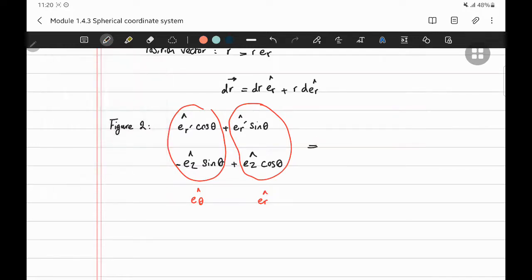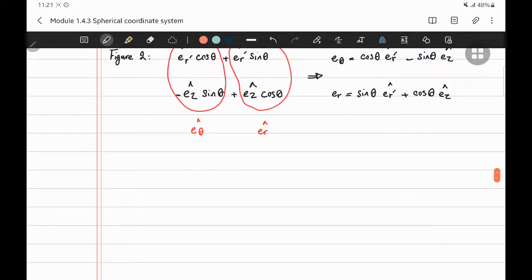Therefore, we have e theta equal to cosine theta er prime minus sine theta ez, where I switch the unit vectors after the expression for the sake of consistency, and for er I have sine theta er prime plus cosine theta ez.